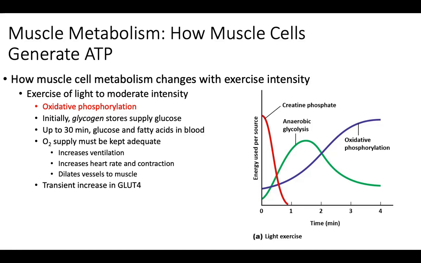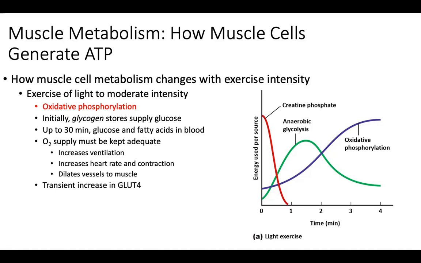Up to 30 minutes, we can tap into those stores that are circulating in the blood, right? Beyond that time frame, after we've exhausted glycogen stores and the circulating reservoirs, so fatty acids or glucose in the blood, 30 minutes or so, we then need to tap into oxidative phosphorylation.